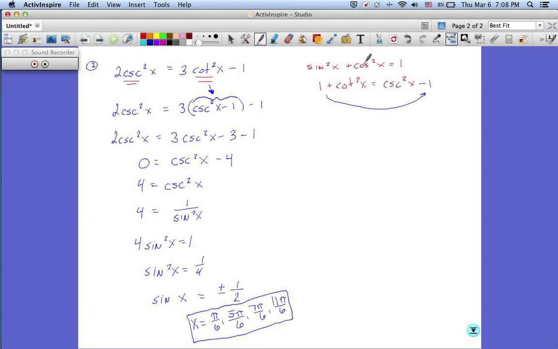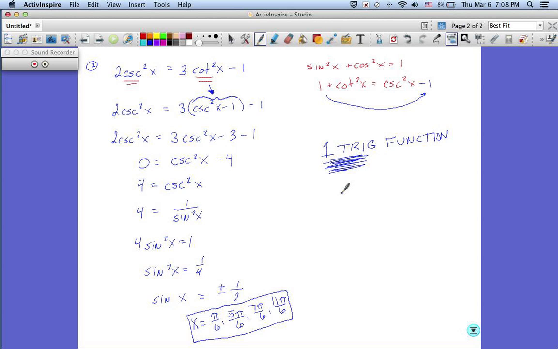Okay, so the idea is know your identities and use them to substitute out. Get everything into one trig function. One trig function. And then solve it, whether it's factoring or just solving, but get everything in terms of one trig function.